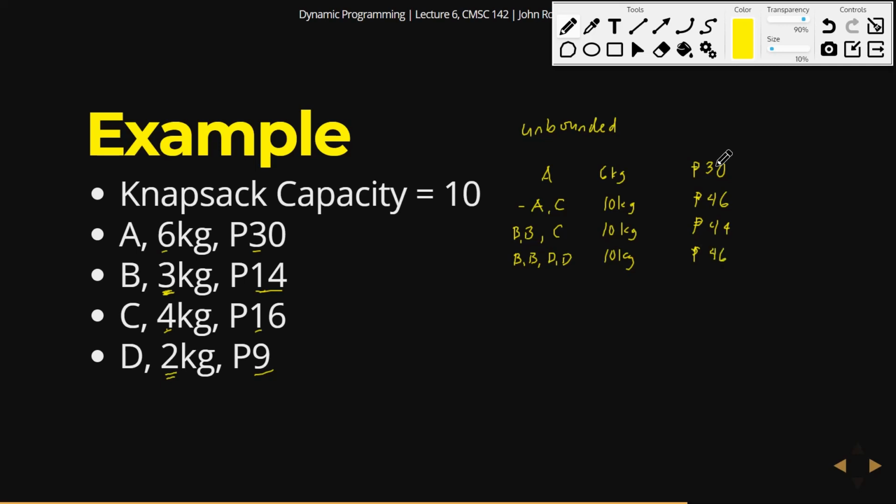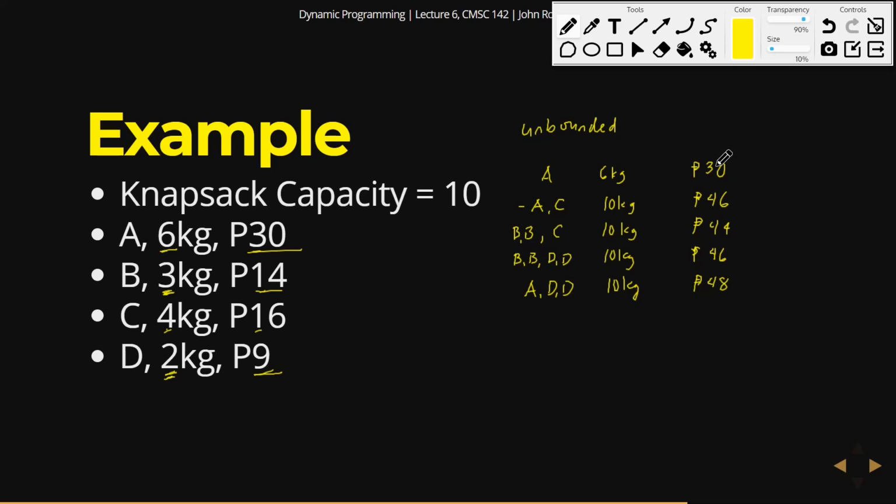Now, how about if we choose A and then 2 D's this time? That would still fit, right? Because 6 kilos plus 2 of D would be 4 kilos, so that's 10 kilograms. That's fine. And the total value would be 30 plus 2 times 9, or 18, so that would be 48.